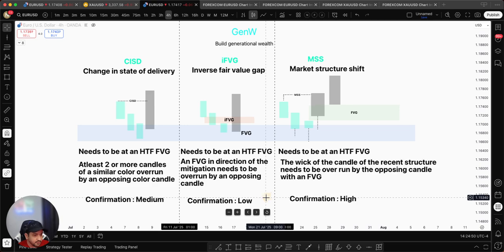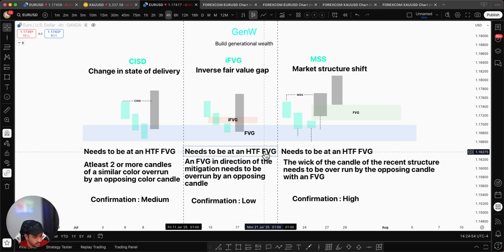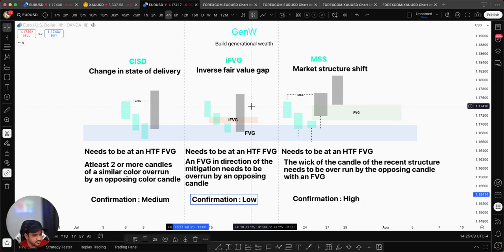Key points about this entry model is that this needs to be at an HTF FVG also. This FVG in the direction of mitigation needs to be overrun by an opposing candle. The confirmation level is obviously low here because there's not necessarily a change in state of delivery, and neither is there a market structure shift.